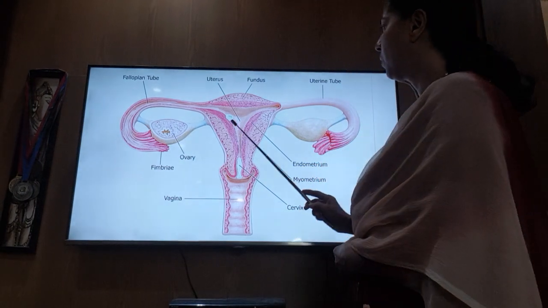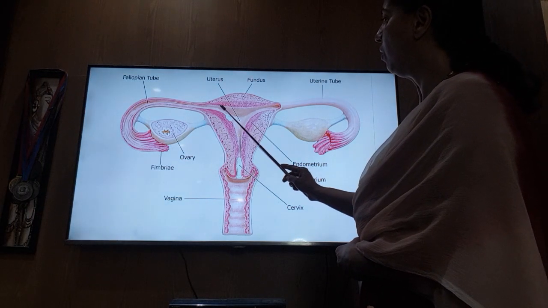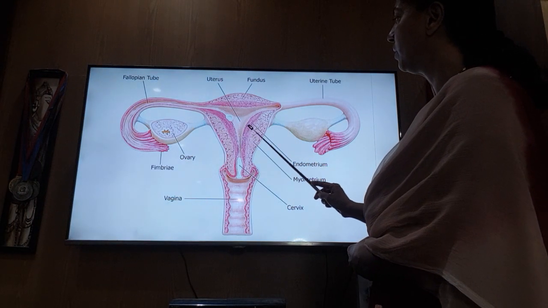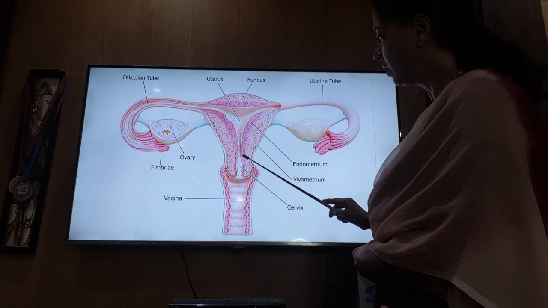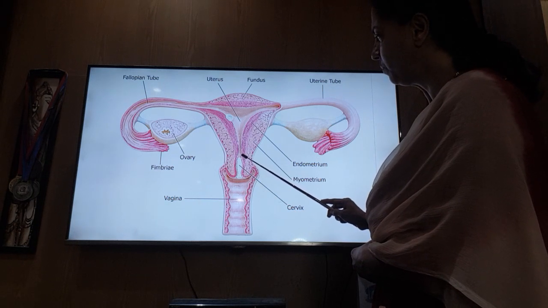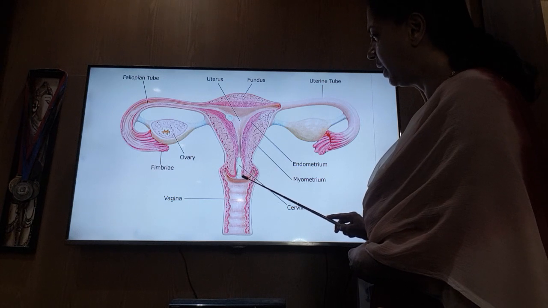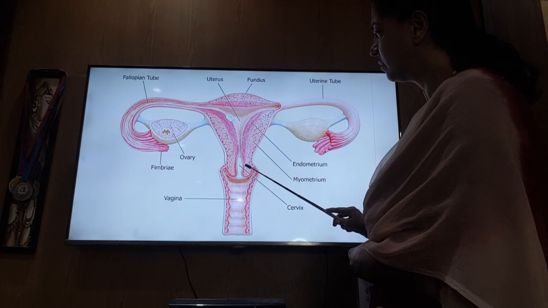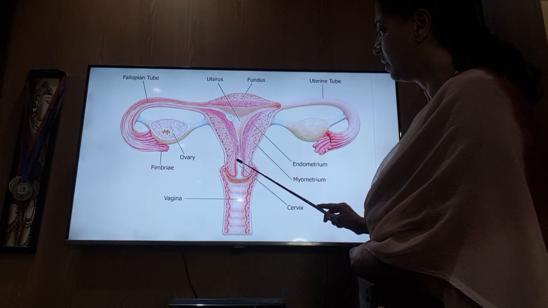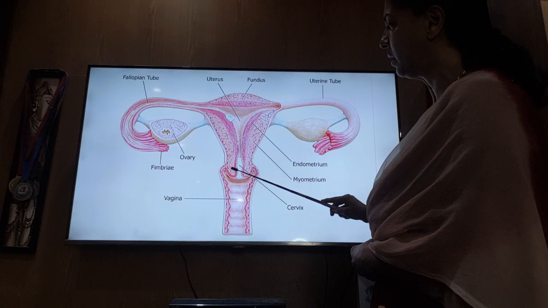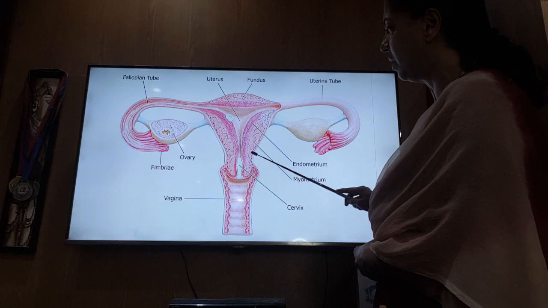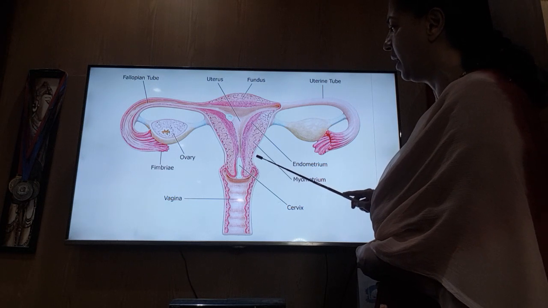Now, if you can see, the cavity of uterus is triangular in shape, and when we see the cervix, here we will see a narrowing, again a narrowing, and there is a canal. This is called canal. Okay, and this portion, if you see the whole uterus and this is the cervix, appears to be a little narrow portion.